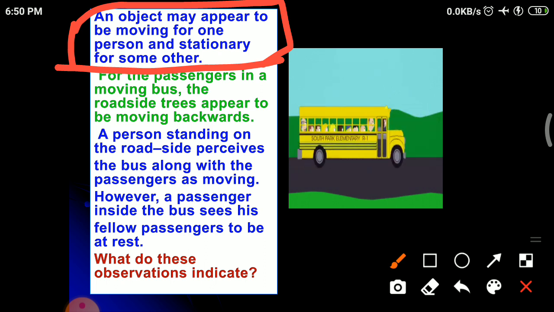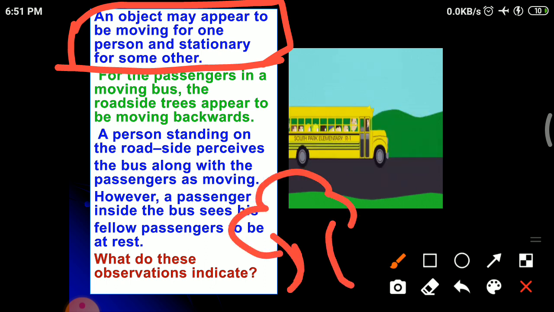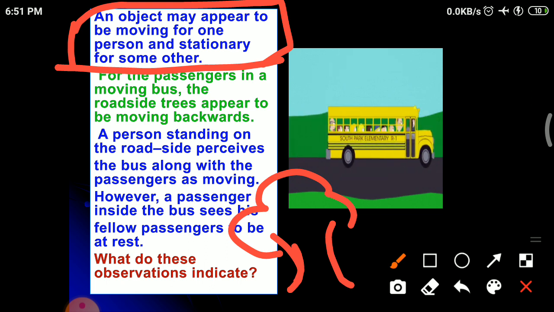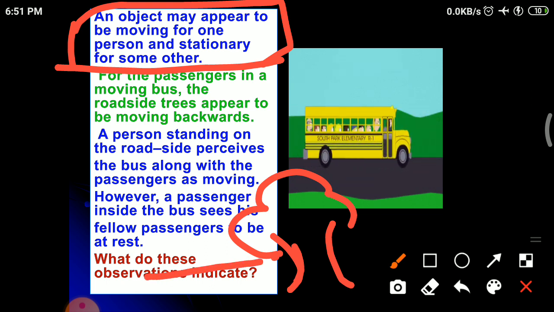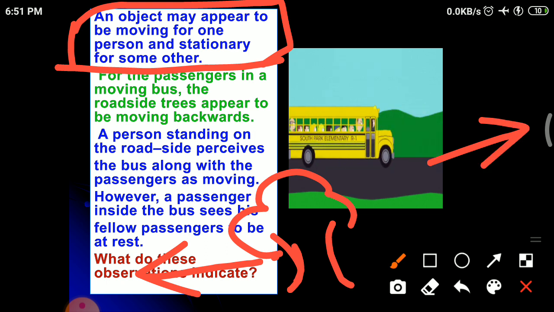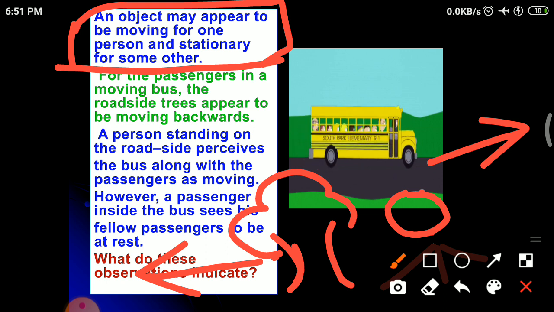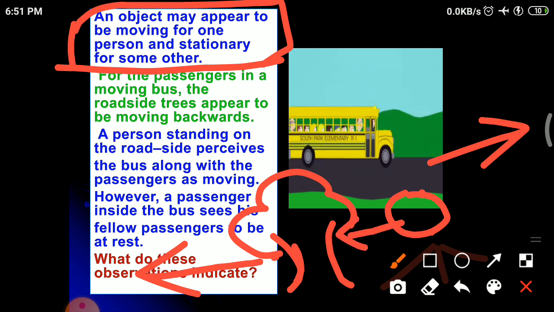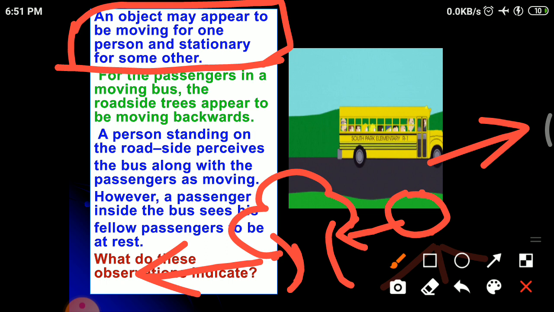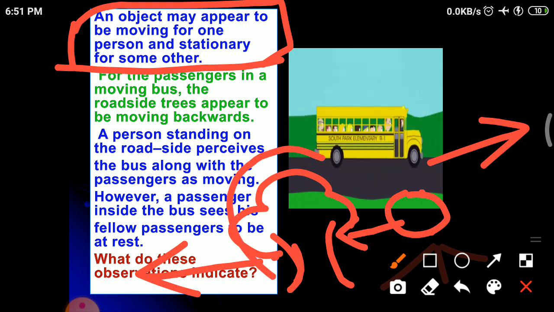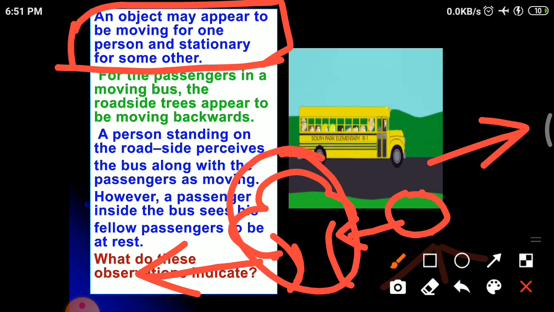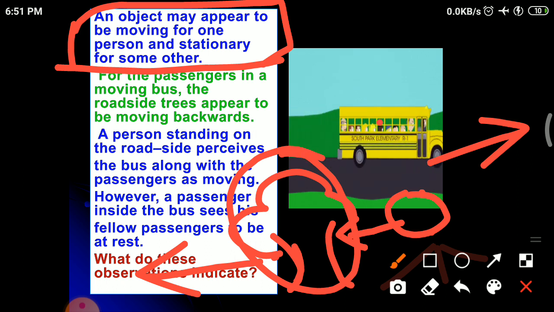For example, see here. Here the passengers are in a moving bus. When they look at the trees on the roadside, the trees appear to be moving backward. And for the person standing near the roadside, the trees appear to be at rest. So the object may appear to be moving for one person and stationary for some other.